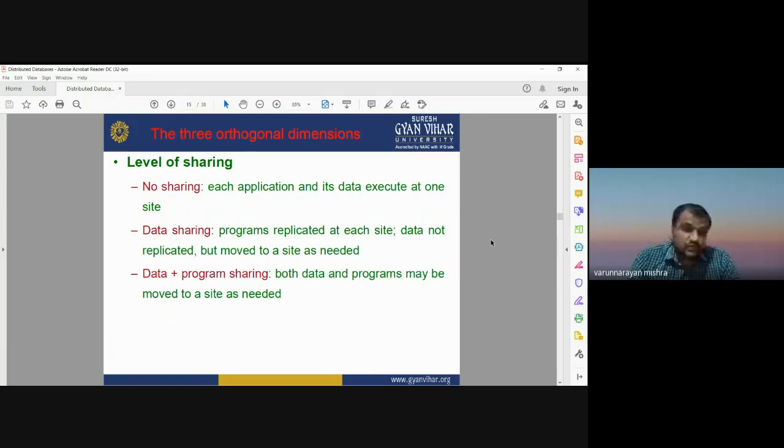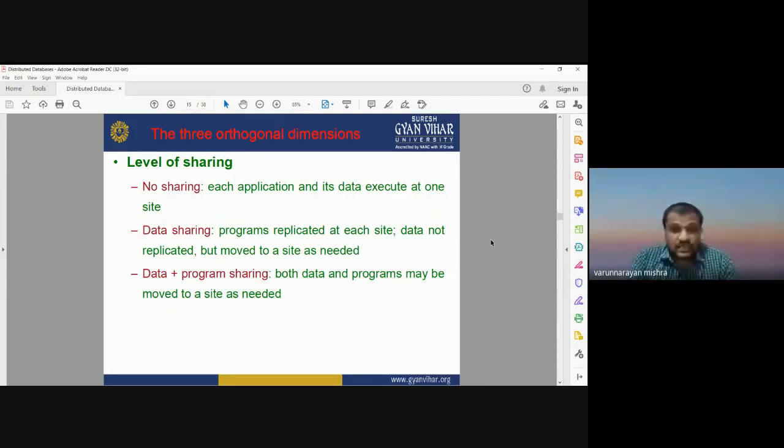And if you want to share the data as well as the programming behind the data, then it is known as data plus programming sharing, under which both data and programs may be moved to a site as needed. So the level of sharing may be of three types: either no sharing, or data sharing, or data plus program sharing, depending on your requirement, depending on your access level. You can have any kind of data sharing.